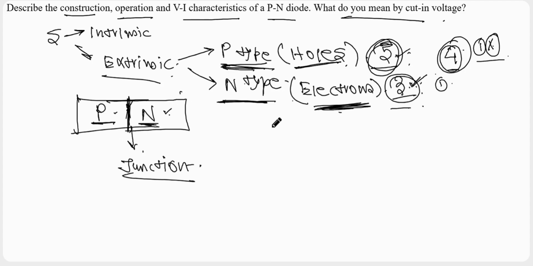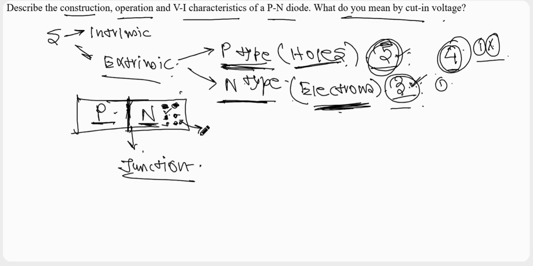Let us discuss the construction and working of this PN junction. In the N-type semiconductor, as I have said, there will be an abundance of electrons, and I am denoting the electrons here by a negative sign, or we can also represent them by dots, which is easier to understand.